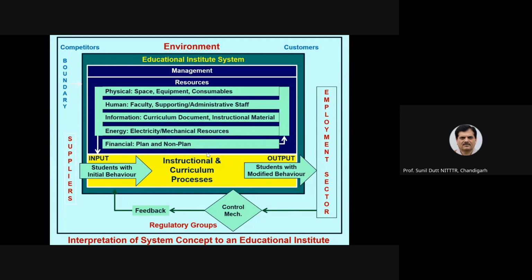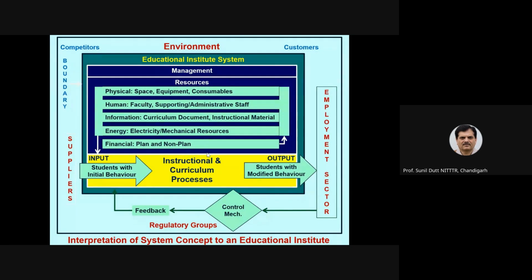So, a system contains input, process, and output. These are the parts of a system, and a system may have single input, single output, or single input and multiple outputs, or may have several inputs, several outputs.